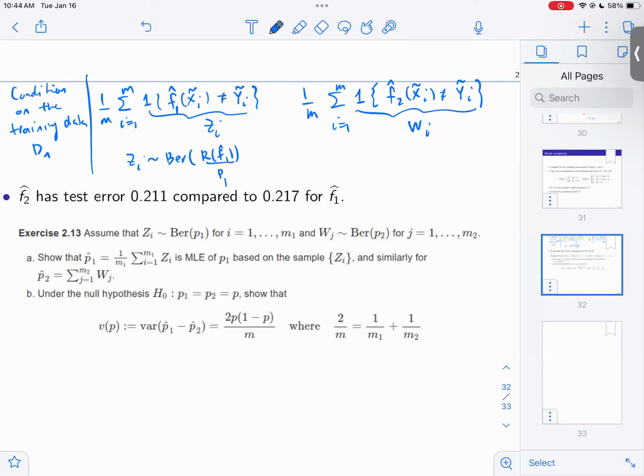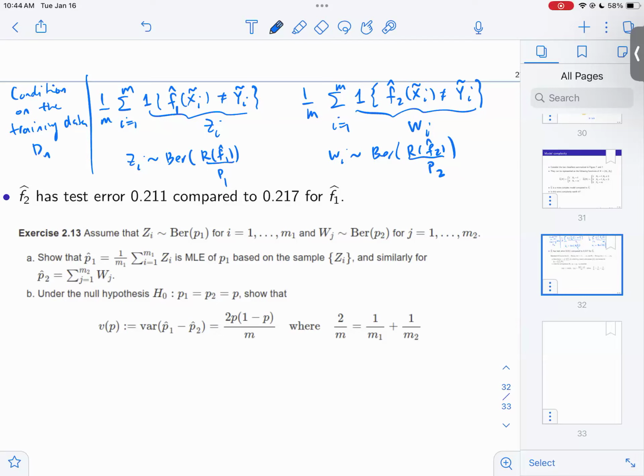The same for the other one, the risk of f hat 2, which is p2. So these two probabilities are the probabilities of error, the risks. And now I just want to compare the two averages.